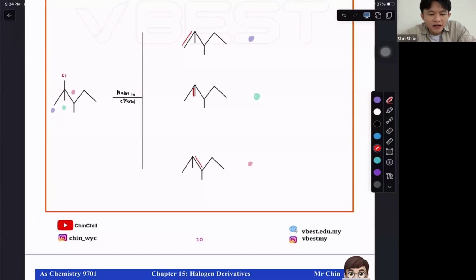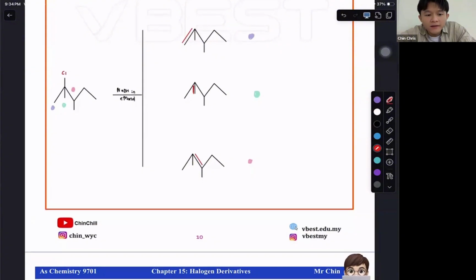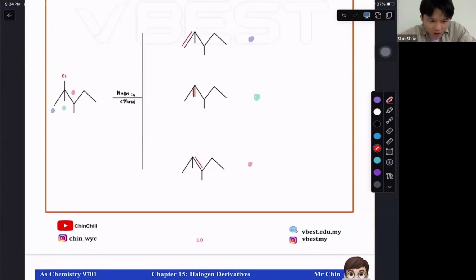I want you guys to work out how many cis trans we have in total. You get three different products at the same time. Can the position of the double bond change? No, your position of double bond cannot change.